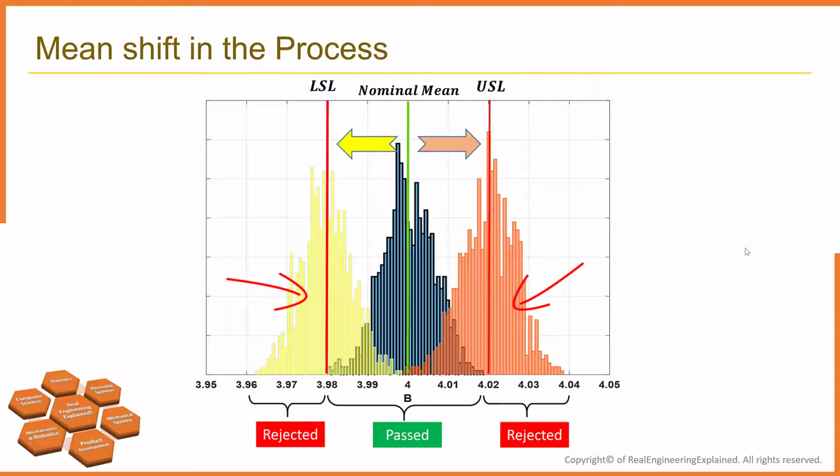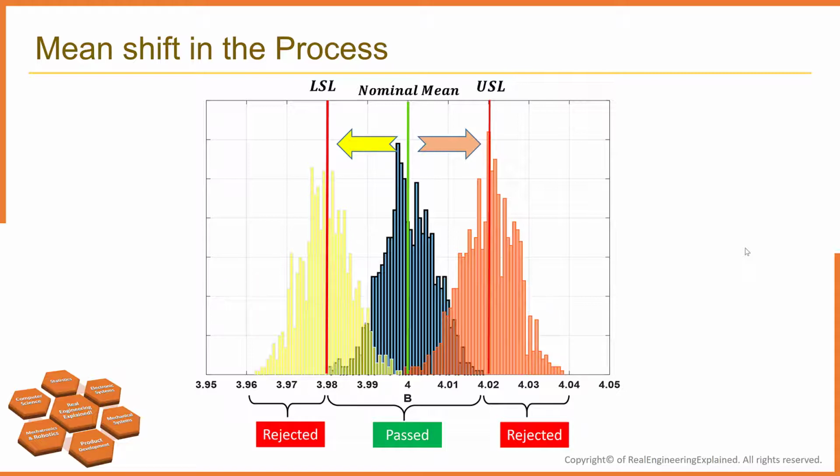For this graph, with a 0.02 mm mean shift to the right or left, the failure rate goes up to 50%, but still CP is equal to or greater than 1. So CP is not an appropriate index to catch the mean shift in the process. It's an index which only tells us about the width ratio, nothing else. It only takes into account two widths.